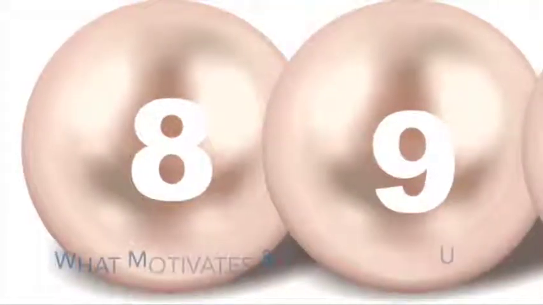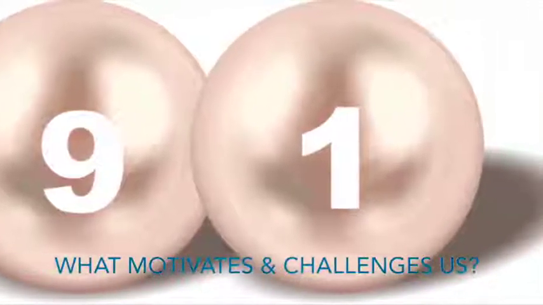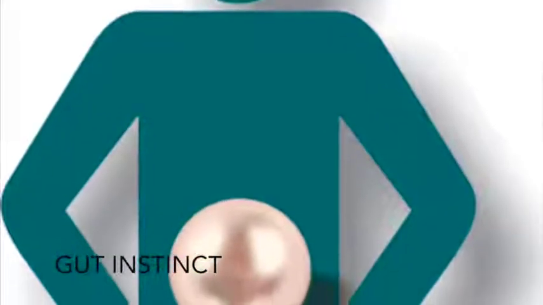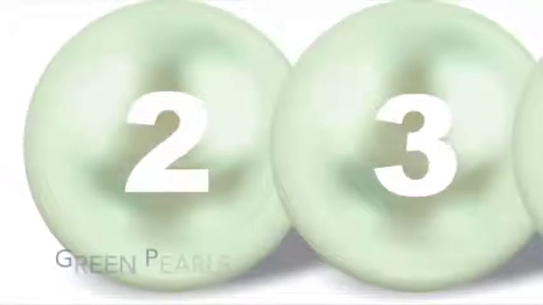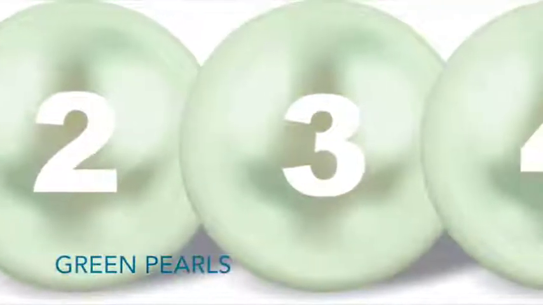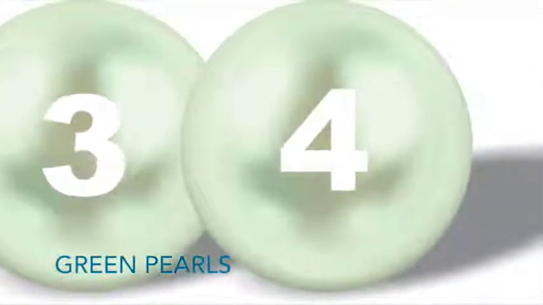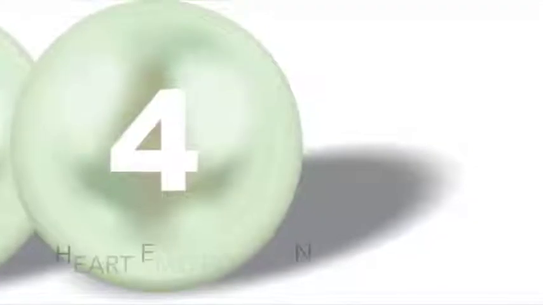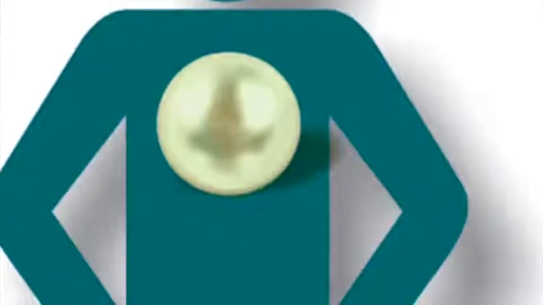The 3 red pearls, which is 8, 9, and 1, all share anger as their core irritant, and they tend to be gut-based and use an instinctive approach to the world. The 3 green pearls, 2, 3, and 4, all share shame or low self-esteem as their core irritant, and they tend to be heart-based, using their feelings when dealing with the world.